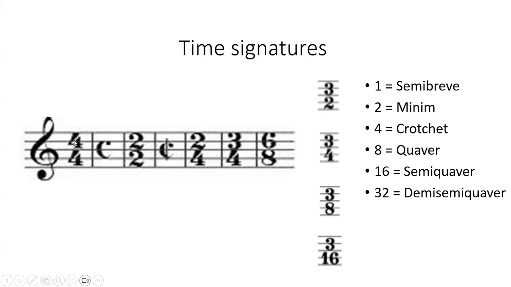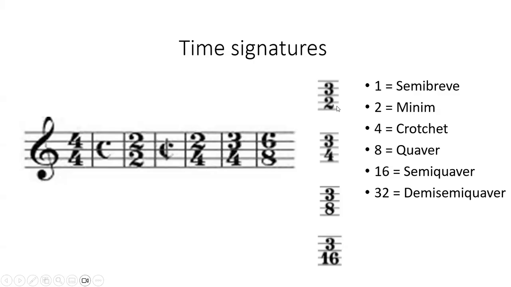Okay, so if the top number is 4, you can divide 4 by 2, so that would be simple time. You can divide 2 by 2, that's simple time. With 6/8, the top number can be divided by 3, so it becomes compound. We've also got two other symbols: common time, 4/4, and cut common, 2/2.